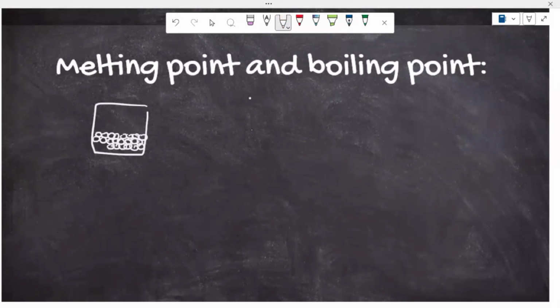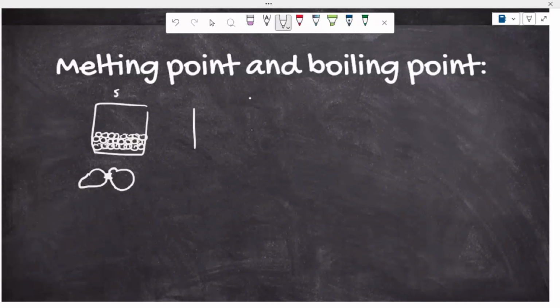They're very solid and structured. So if something is solid, let's say this is my molecule and this is my other molecule, the force of attraction is quite strong and quite solid, and they're very close to one another. The closer objects are to each other, the stronger the force.